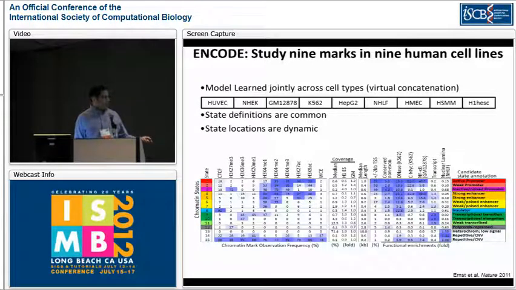What you're seeing here are the rows corresponding to the states of the model, again, and the columns the marks, and the numbers here indicate the probability of observing that mark when you're in that state. And then these are enrichments for various categories, and then the candidate annotations we've given. For example, the red is going to correspond to active promoters, the orange will be candidate enhancer elements, strong enhancers, and blue insulators, green transcribed, and gray K27 polycomb-associated repressive regions.